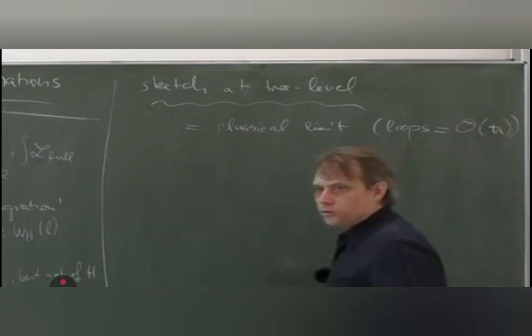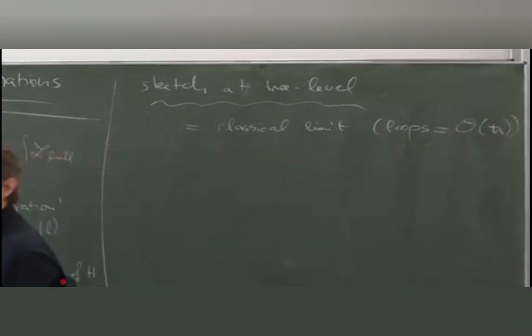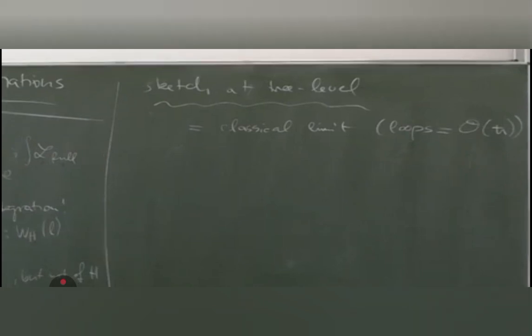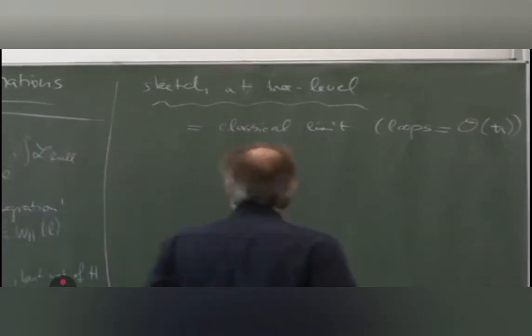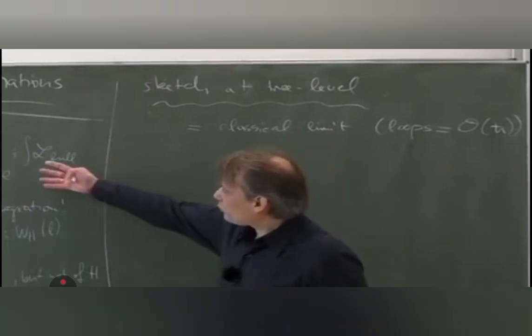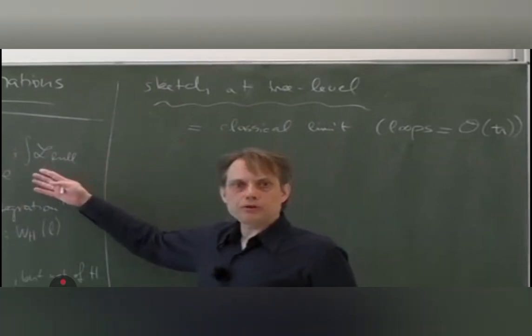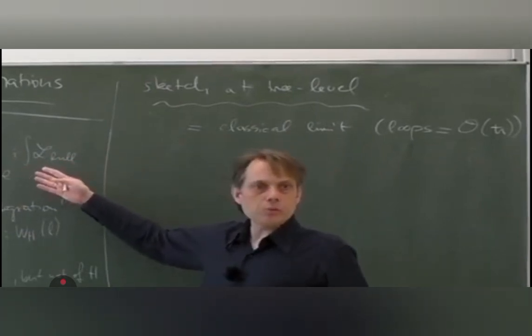Therefore, if we neglect loops, it means we neglect corrections of the order h bar, and that means we work at a classical limit. So if we work at a classical limit, we have to evaluate the path integral in the classical limit, and we know what that means.